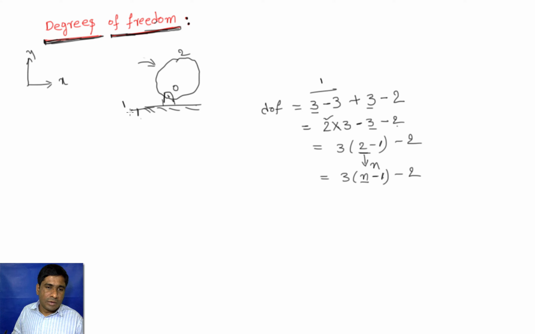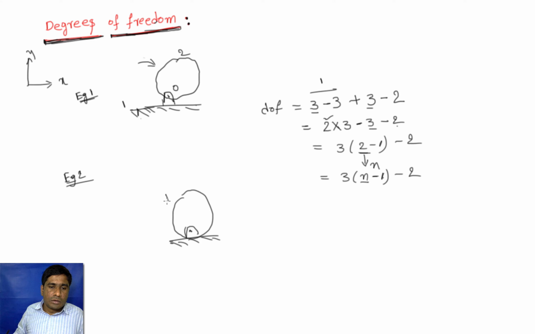That's because one link is fixed, and if we consider this as example 1, then in example 2, instead of 2 bodies, now I will consider 3 bodies. So this is the ground, and to the ground we have body 1 hinged. This is body 1 and this is body 2, and to this body I hinged another body 3.